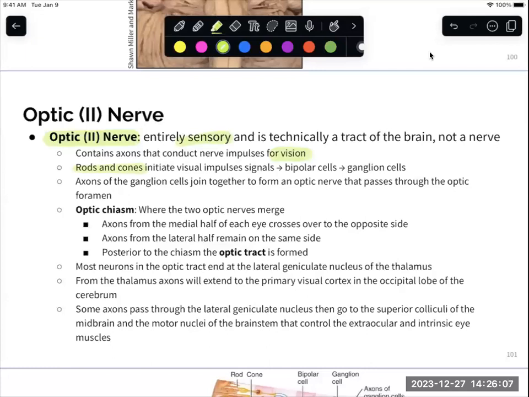They follow this pathway. We have an optic chiasm where these nerves are going to cross. Some of these nerves are going to cross over, and they're going to follow this optic pathway all the way to the occipital lobe.